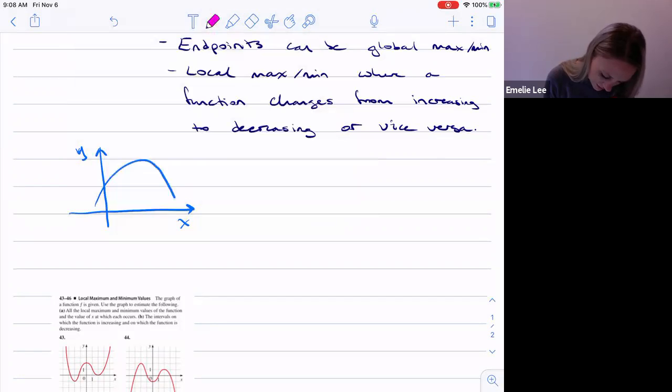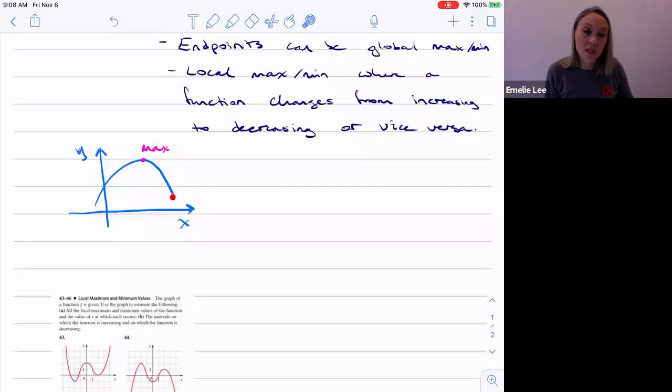Here we know this is a maximum. In general, a maximum is where it changes from increasing to decreasing. Here it's increasing and then it switches to decreasing.